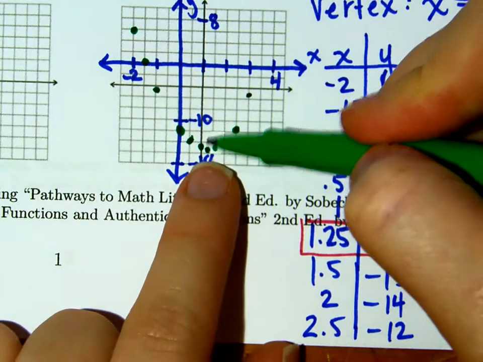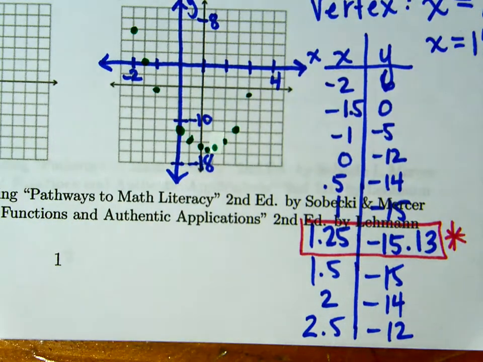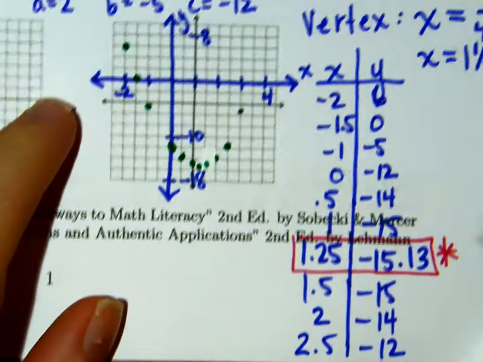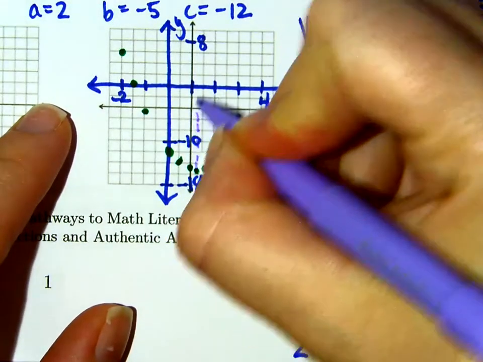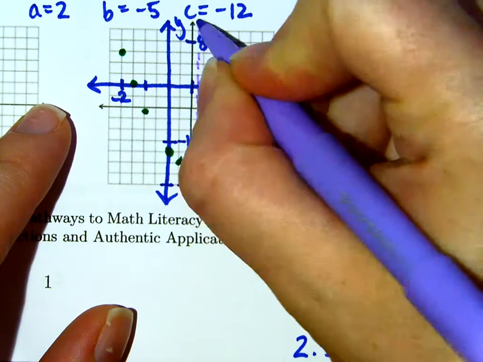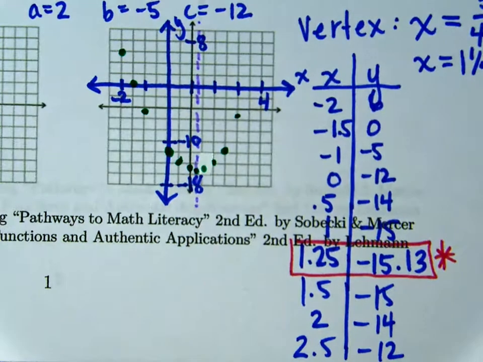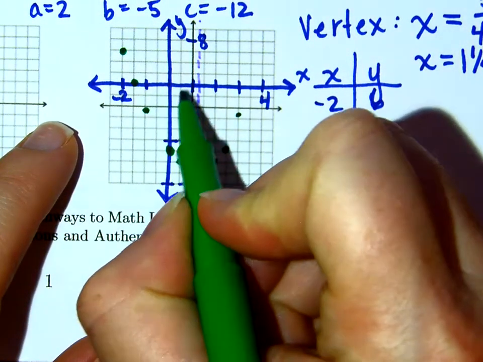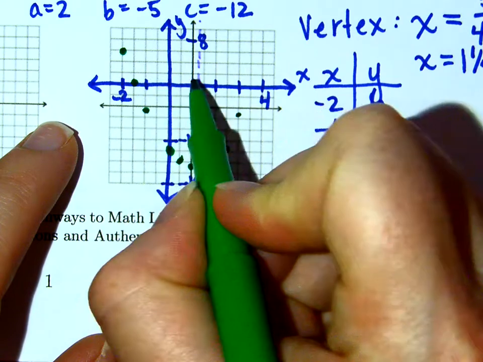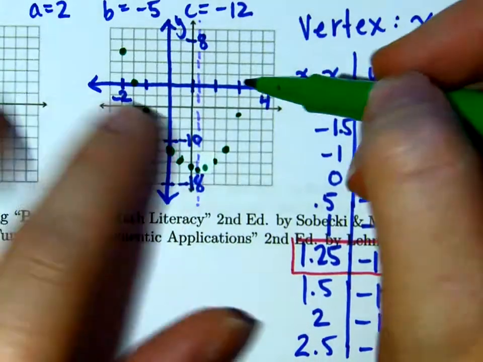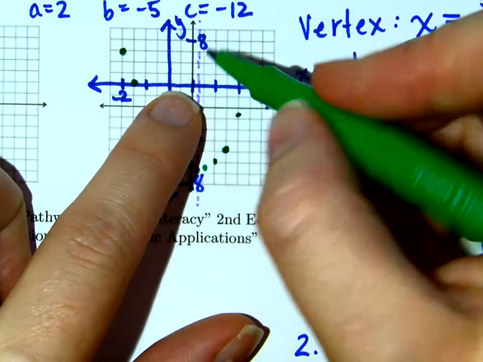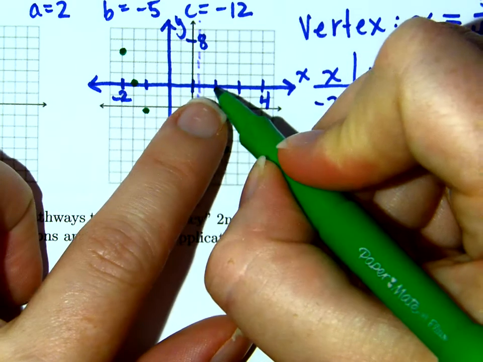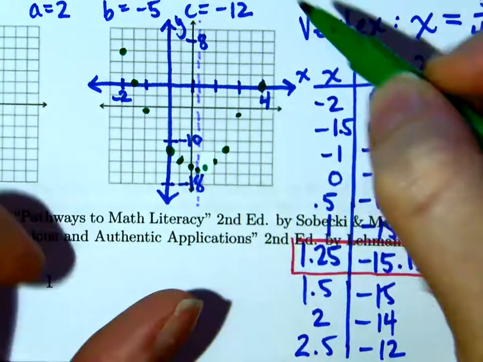I'm actually going to draw in the axis of symmetry here. Okay. How far away is it? So it is 1, 2, 2 1/2, 2, 2 3/4. So here's 3/4, 1, 2, right there.